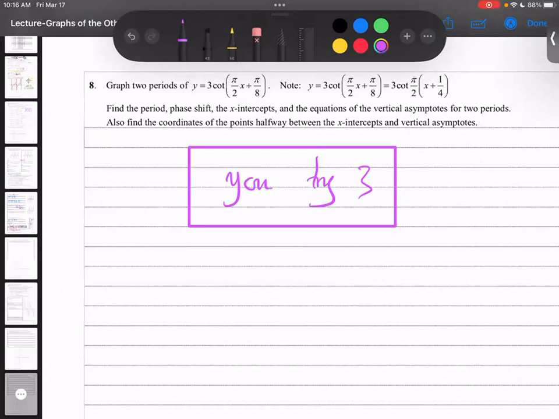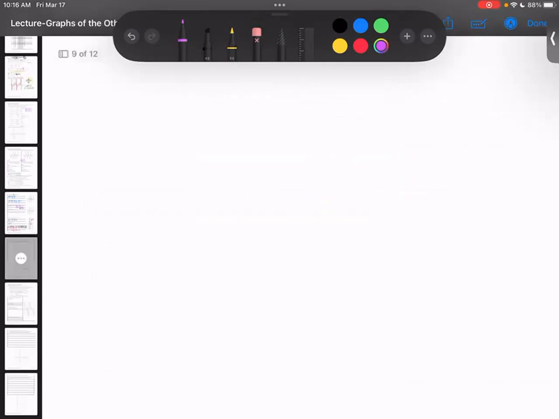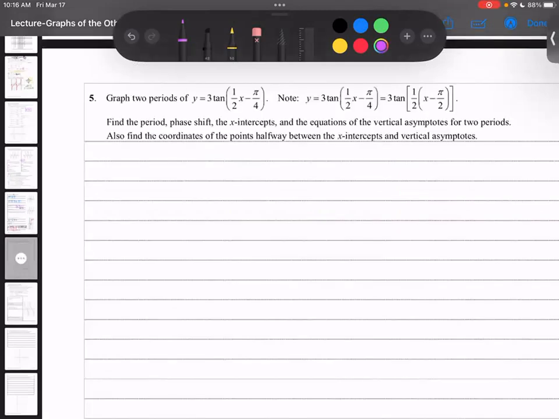I'm going to do number 5, which is very similar to number 8. Given this function, y equals 3 tangent of 1/2 x minus pi over 4, they want you to answer a bunch of questions. First, you need to rewrite it in the form that they want, meaning factor out the b, which they did for us.